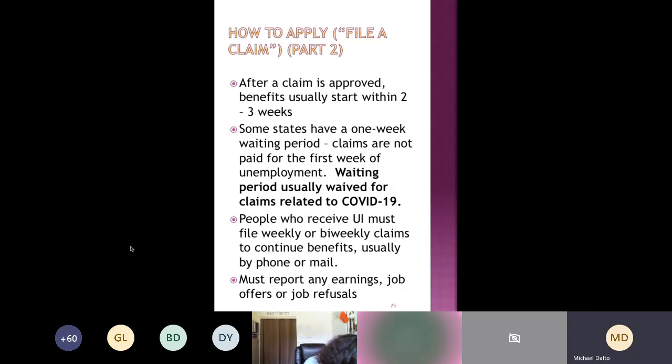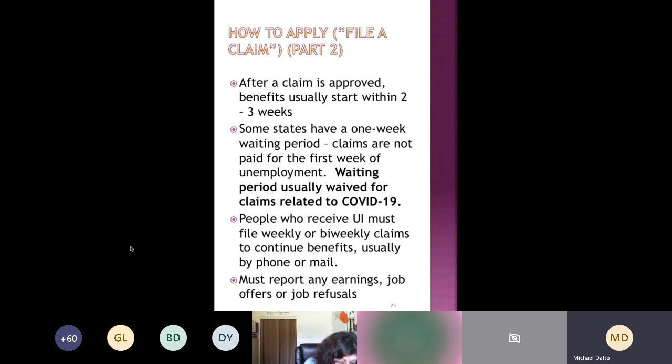Now, once your claim is approved, you're approved for benefits, your work isn't done, unfortunately. You still have to file weekly or bi-weekly claims, depending on the state, in order to continue your benefits. That may usually be done by phone or mail. In many states, it can actually be done online.